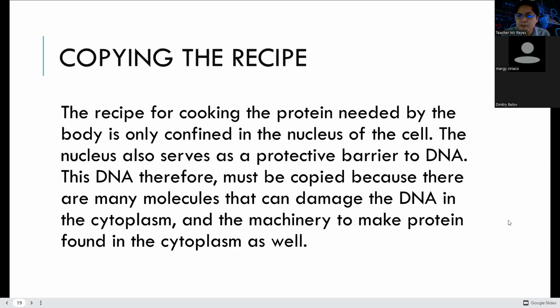What is the machinery in the cytoplasm that creates protein? What is the protein factory of the cell?